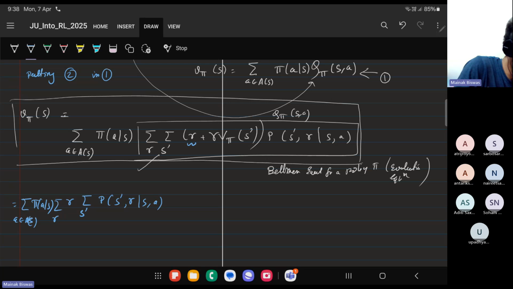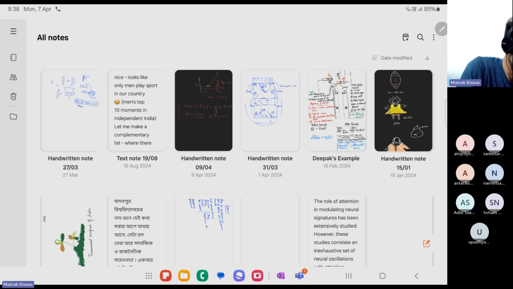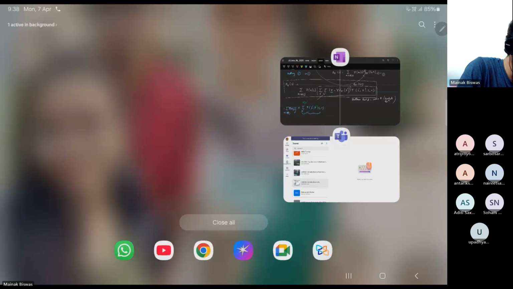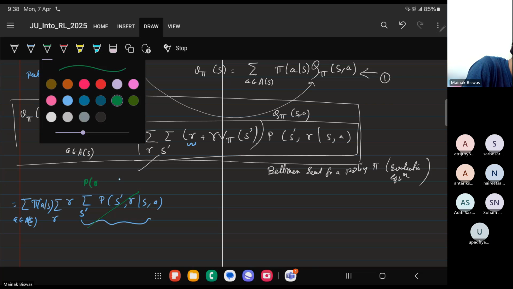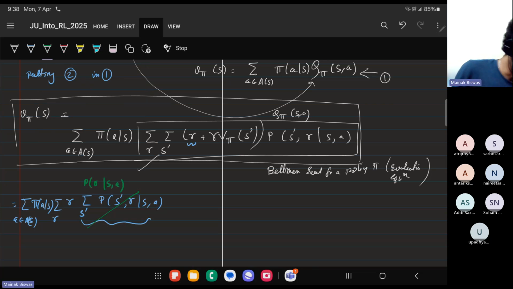I'm just expanding using the distributive property. The first term here does not have a state, so I will just sum the state out. So I'll just get p of r given s comma a.